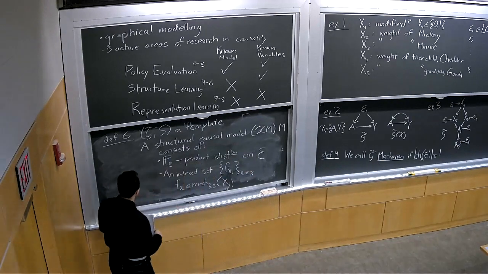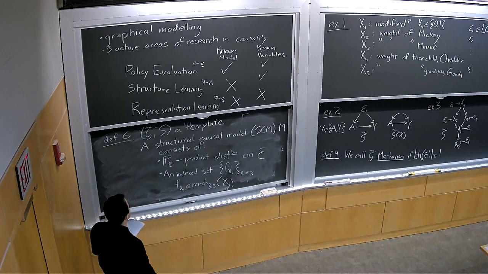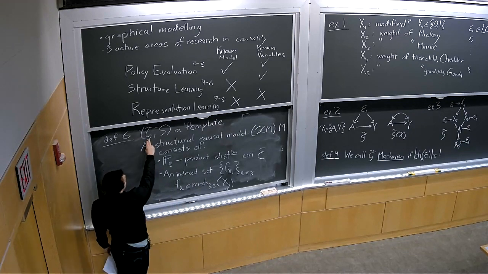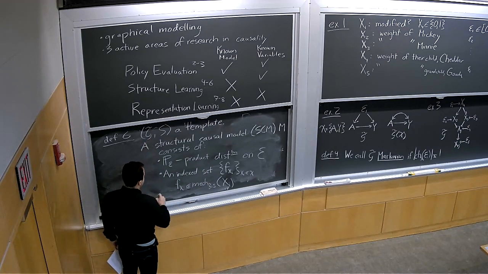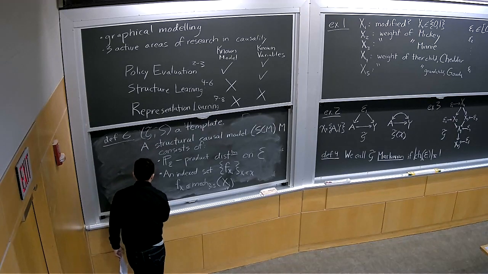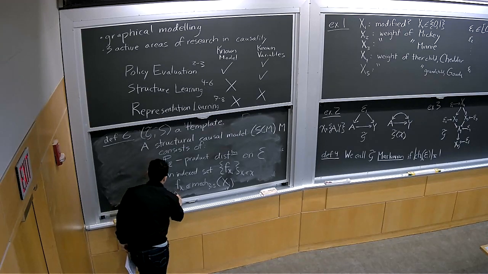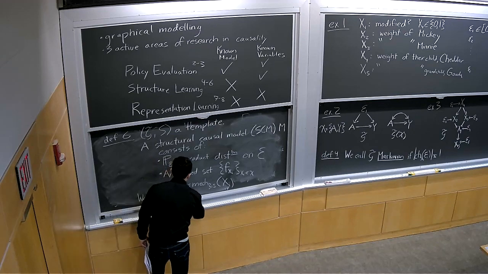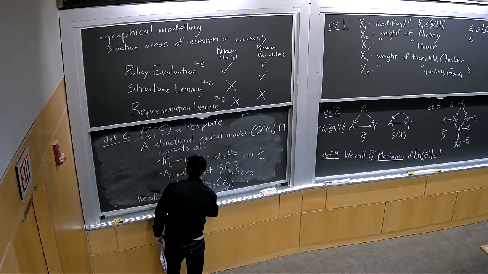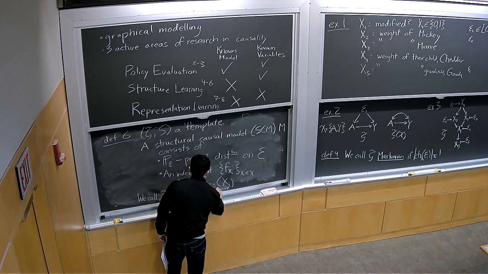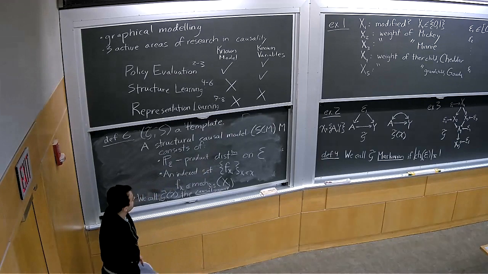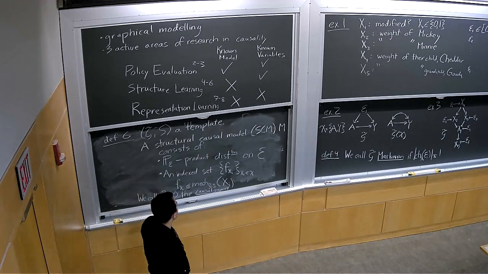So if we have a structural causal model with this exogenous graph G tilde, then we call that latent projection G tilde of X the causal graph. Sorry, I ran out of space there.